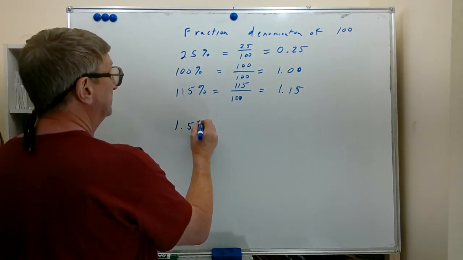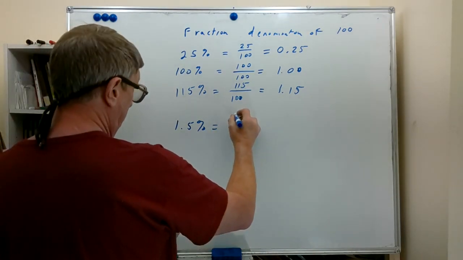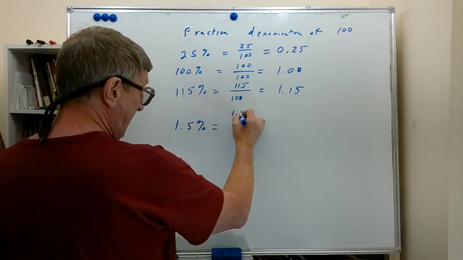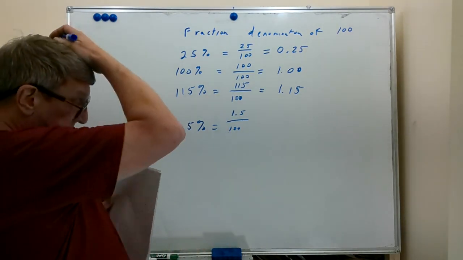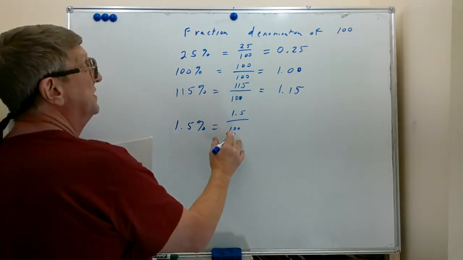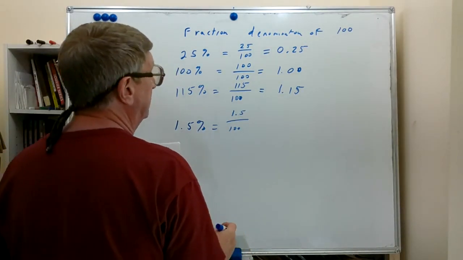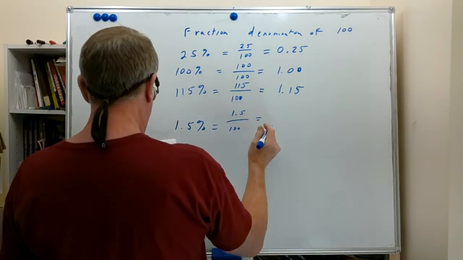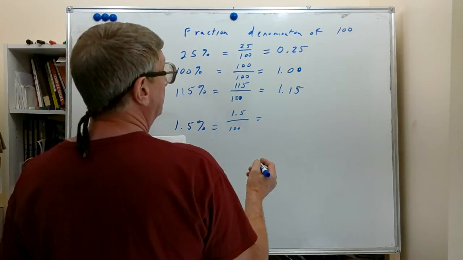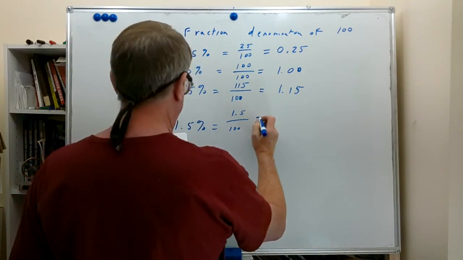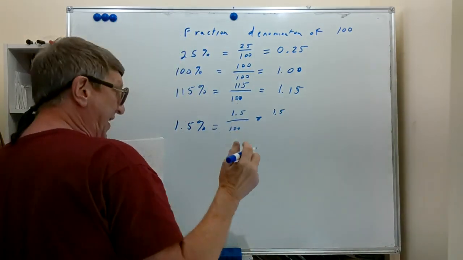1.5%, a much smaller amount. That is basically 1.5 over 100. The 100 in the denominator, 1.5 in the numerator. We can rewrite this, and we want to get rid of the fraction on the top.